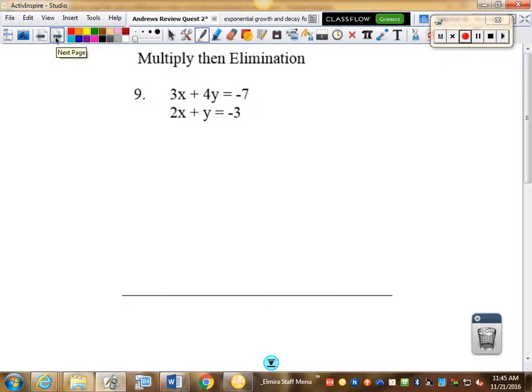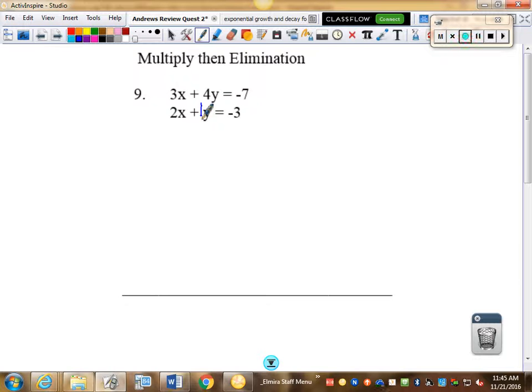Multiplication and then elimination. Okay, so in this problem, 3 and 2, they're not the same number and they're both positive. Well, all right, let's try the y's. There's an imaginary 1 here. Okay, 4 and 1, also not the same number, and they're both pluses. So I've got to make them the same number.